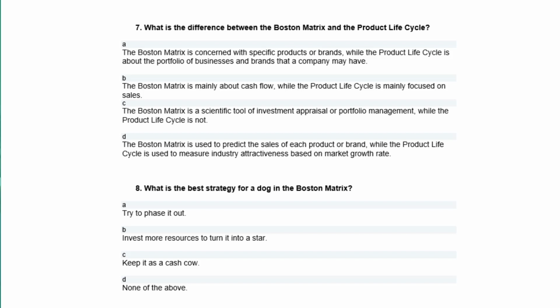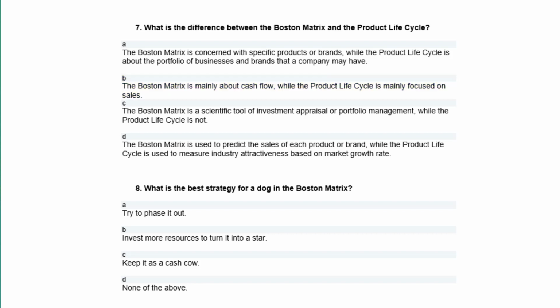The Boston matrix is a scientific tool of investment appraisal or portfolio management, while the product life cycle is not. The Boston matrix is used to predict the sales of each product or brand, while the product life cycle is used to measure industry attractiveness based on market growth rate. Well, the answer here is B. The Boston matrix is about cash flow, and the product life cycle is on sales.